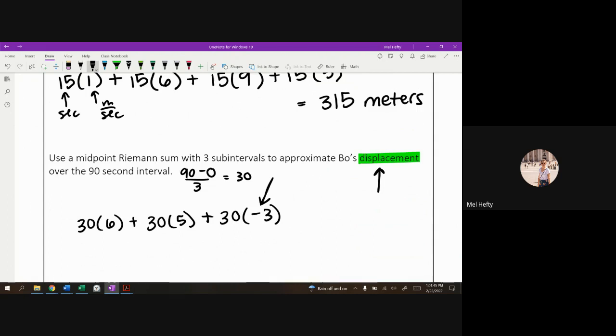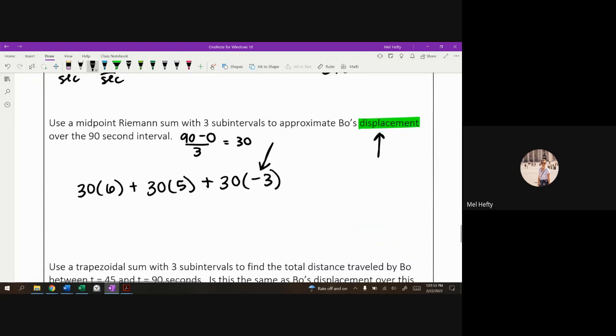If this had been instead total distance, I would have wanted to count that as +3, so I can accumulate all of that distance there. All right, this is 240. What are my units? Meters. We're still taking meters per second and multiplying it by meters. If we were doing distance, we would change it to a positive.